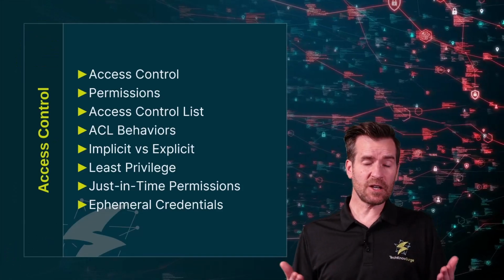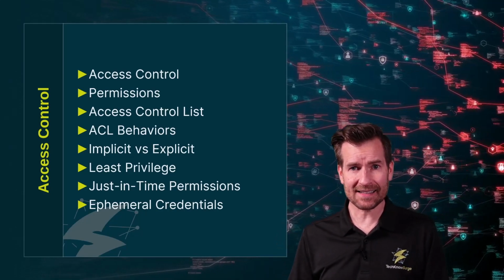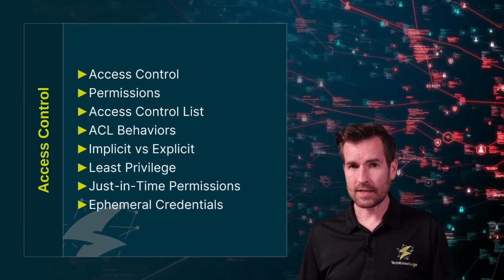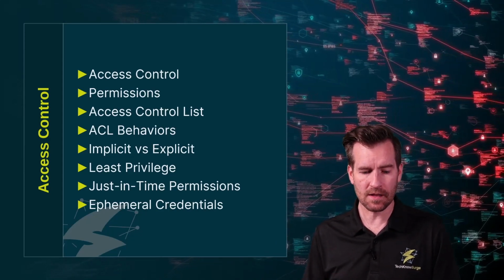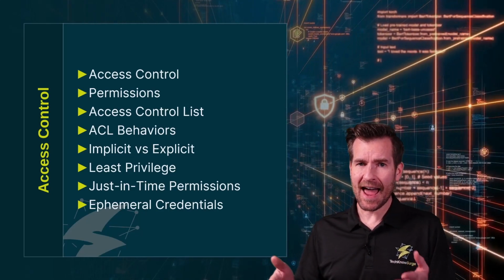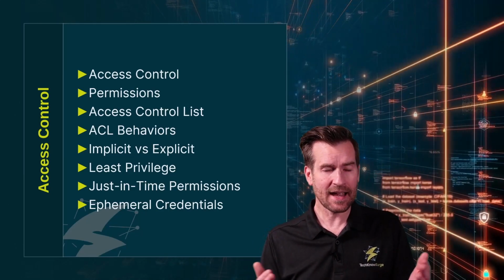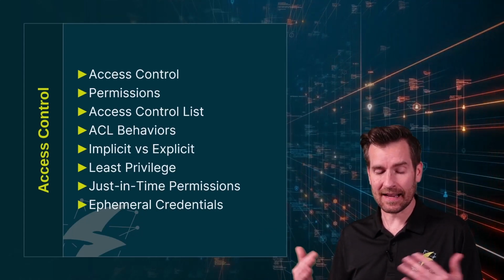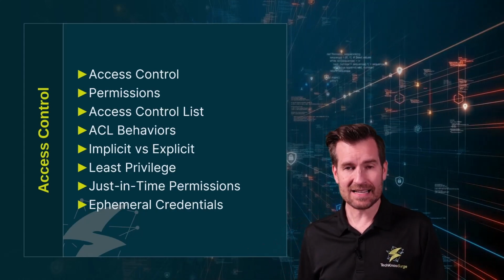So in this video, we start out by talking about what access control is, controlling the access to certain resources. We talked about how permissions and ACLs control that access from a logical perspective. We talked about ACL behaviors and how some of these ACLs have an implicit deny all and some of them have an implicit accept all. And so there's a difference between this implicit and explicit.